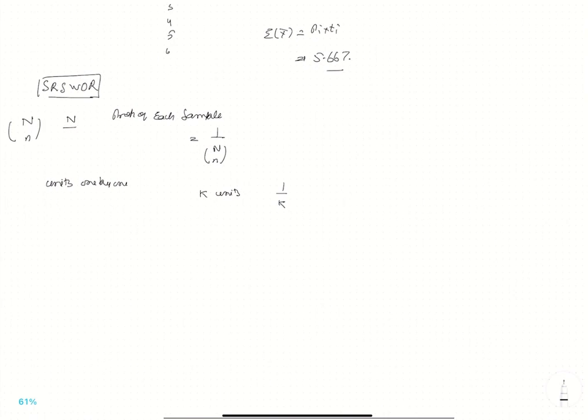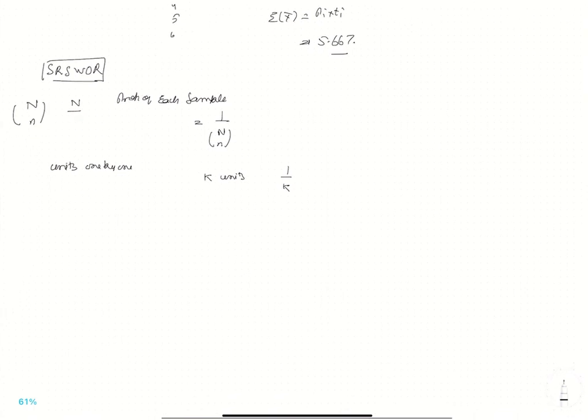First, a unit is selected at random from a population of N units. Then you select another unit from a population of N minus 1 units, and continue this process till you have drawn a sample of n units.